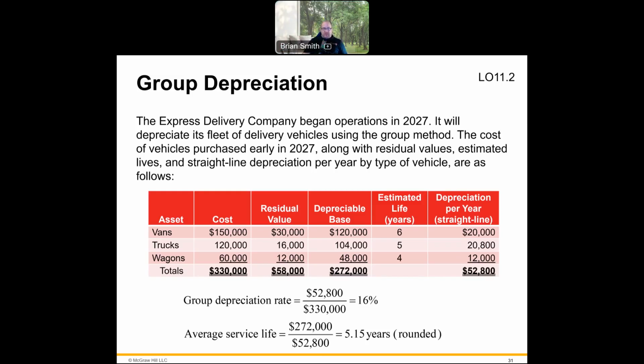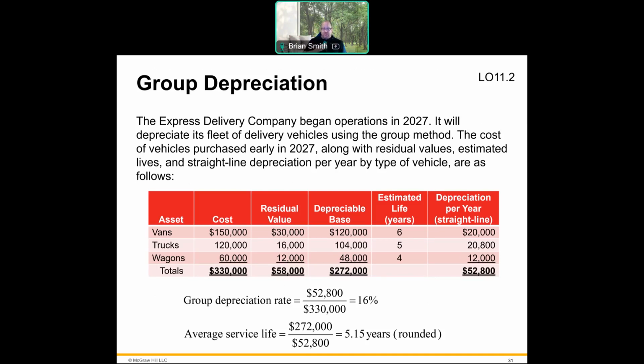So if we're going to group these together, we're going to take the $330,000 and find out our depreciable base and our estimated life. See, this is where I don't know. We're going to calculate our rate by taking, if we did the straight line, 52,000 in.